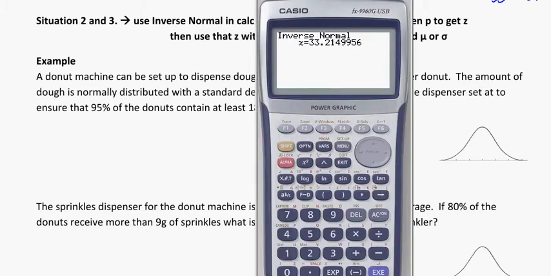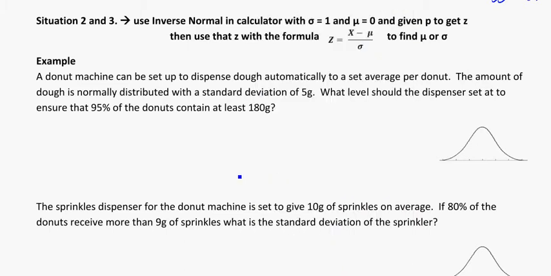So if I go backwards here, I'm going to set my standard deviation to 1 and my mean to 0. And the reason I'm doing this is because this is a standardized normal curve. So if I do that, the value of x it gives me will actually be my z value.